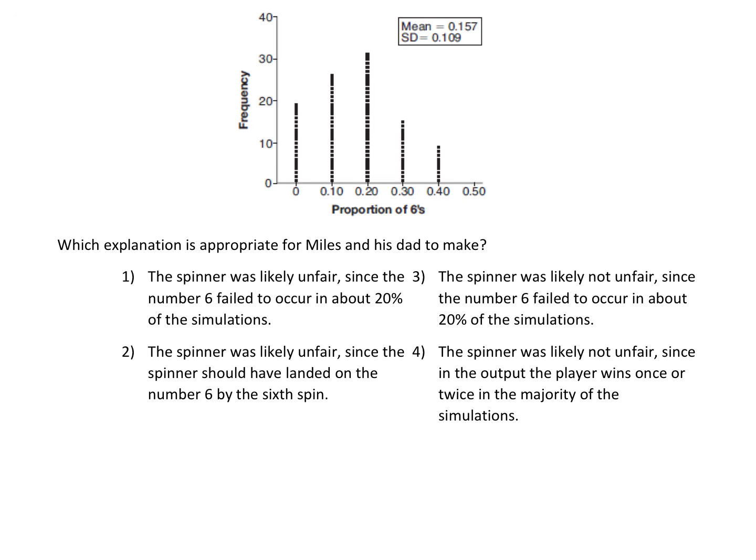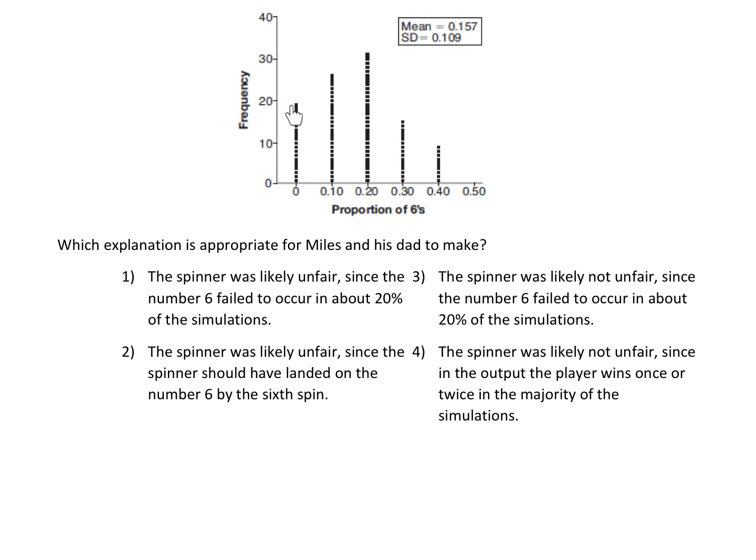All right, so let's just go through them one by one. It says choice 1, the spinner was likely unfair since the number 6 failed to occur in about 20% of the simulations. Okay, so the number 6 failed to occur. That means there were 0 6s. So here we see 0 6s. Well, 0 6s actually occurred a bunch of times.